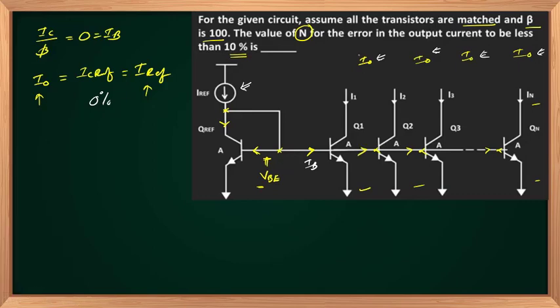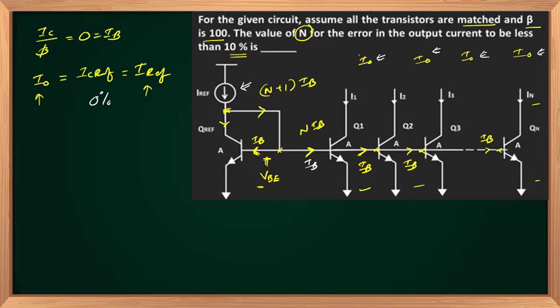So I'll have a base current here and a base current here. All base currents are equal because the transistors are matched and their base emitter potentials are at the same points. So I have n IBs here. This is n times IB because I have n transistors connected. I have another IB here. So this branch current is nothing but n plus 1 times IB.